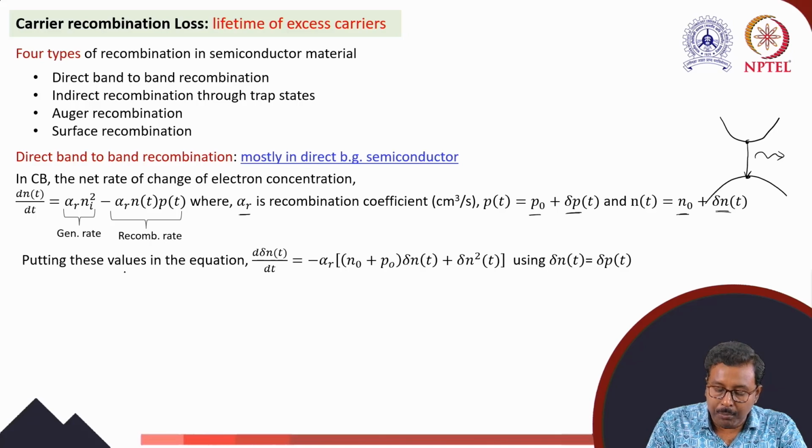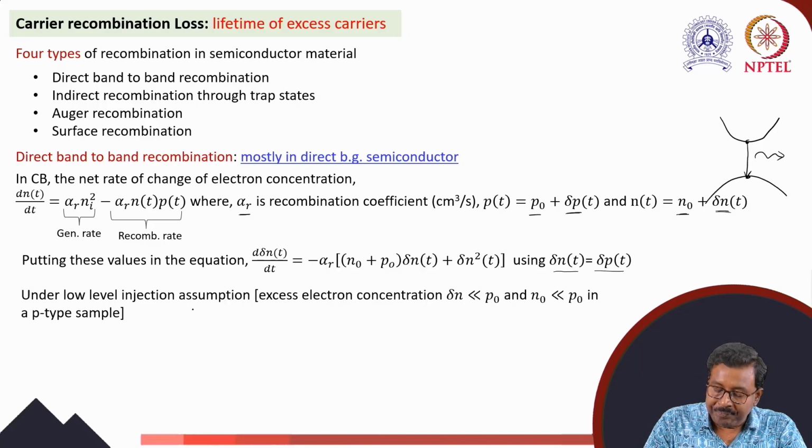Now, if you put these values in the equation, p0 plus delta p and n0 plus delta n, you are getting alpha_r (n0 plus delta p)(p0 plus delta p), and after multiplication and algebraic simplification and using the relationship delta n equal to delta p, you can get the final expression.